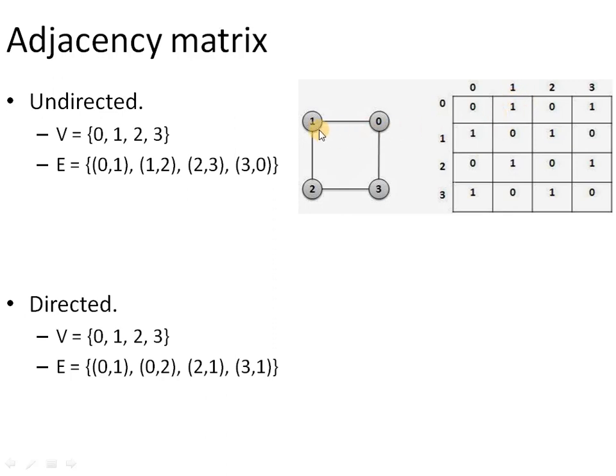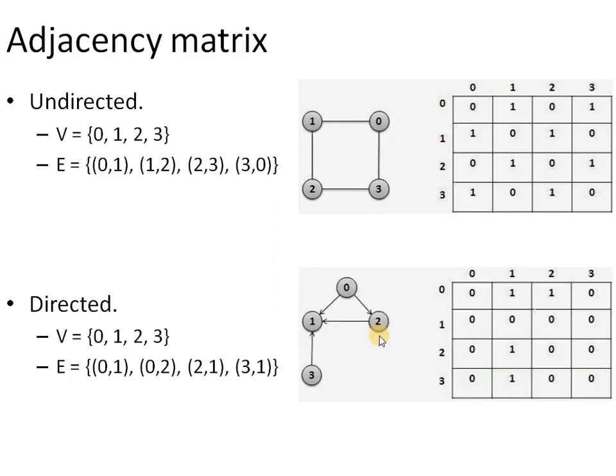Then there is no edge in between 0 and 2. So you can observe for 0, 2, we have put 0. And then again there is an edge in between 0 and 3. So for 0, 3, we have put 1 and so on. In this way, we can generate a matrix representation for any graph. Similarly, if we talk about directed graphs, then before putting the value 1, we have to look at the directions of the edges also.